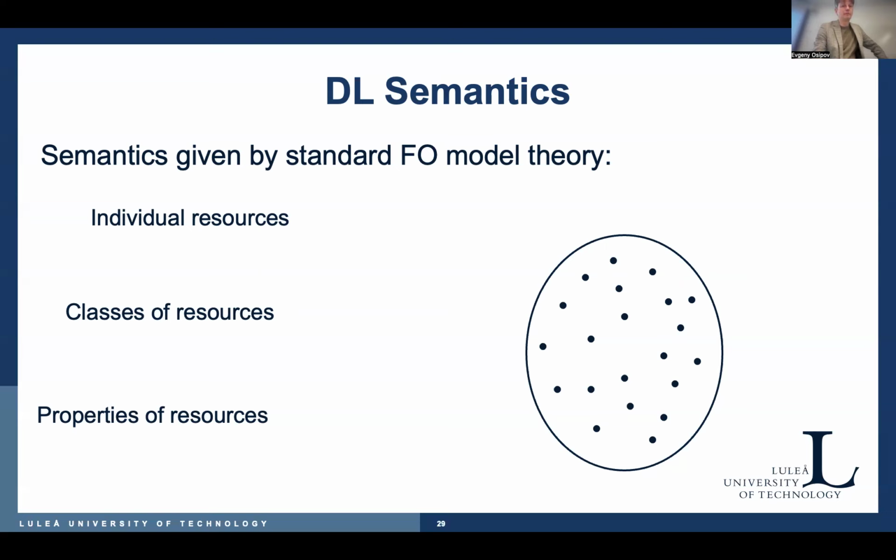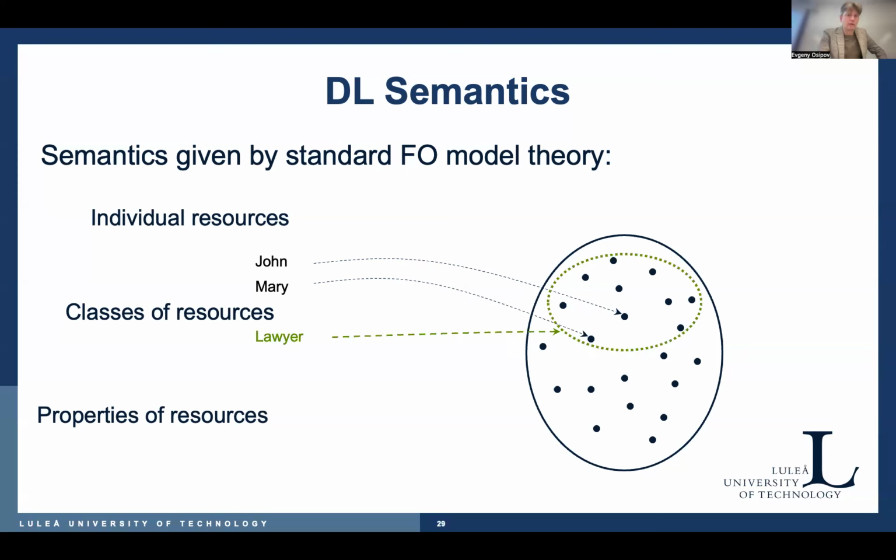So, for example, you can say that we have certain individual or individuals. They are classes of resources, so they can belong to, here it's a functional class, but it can be a class of, I don't know, just humans, for example.